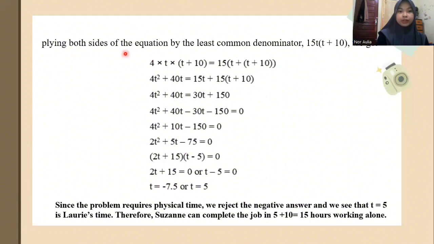Multiply both sides of the equation by the least common denominator, 15t times t plus 10.